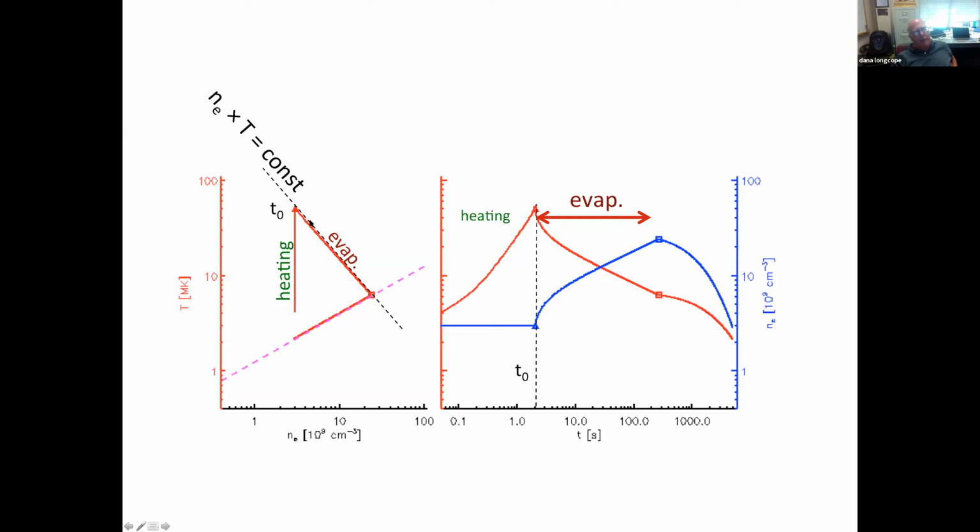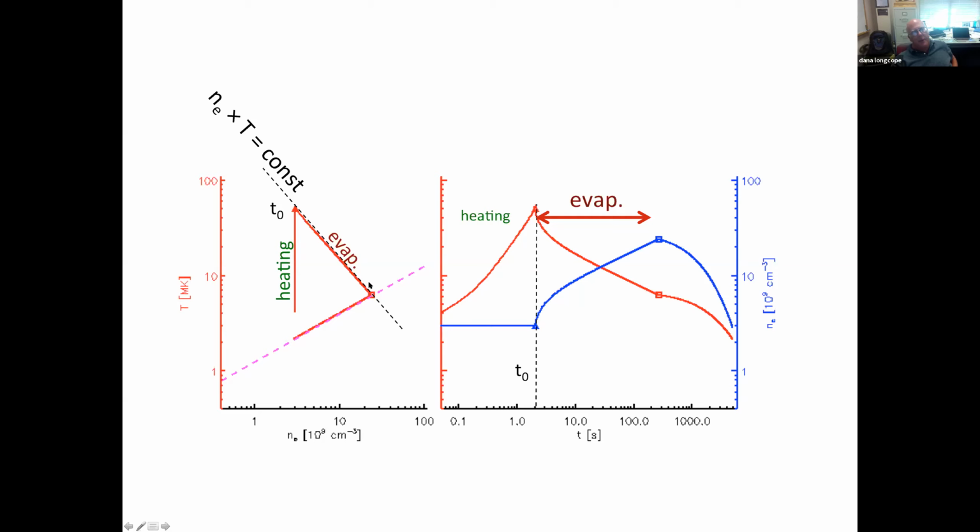Then you have the evaporation. That occurs along N times T is constant. That's this dashed line. So what evaporation does, it does not change the energy in the flare. It increases the mass of the material in the corona, so you move to the right. And if you're going to keep the product of N times T constant, the temperature is going to drop.